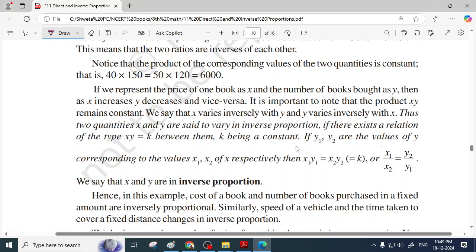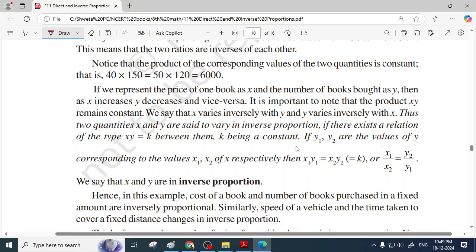If we represent the price of one book by x and number of books bought as y, then as x increases, y decreases, and vice versa. It is important to note that the product xy remains constant. We say x varies inversely with y and y varies inversely with x.